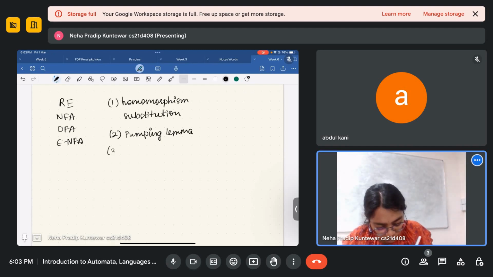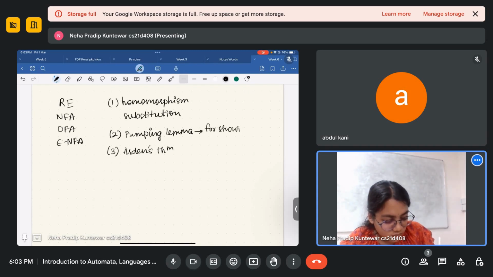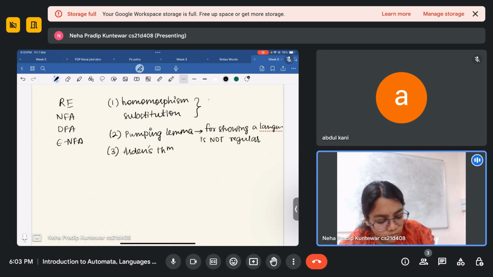And then we will look at an example on Arden's theorem. The pumping lemma is for showing a language is not regular, and the other topic is closure properties.